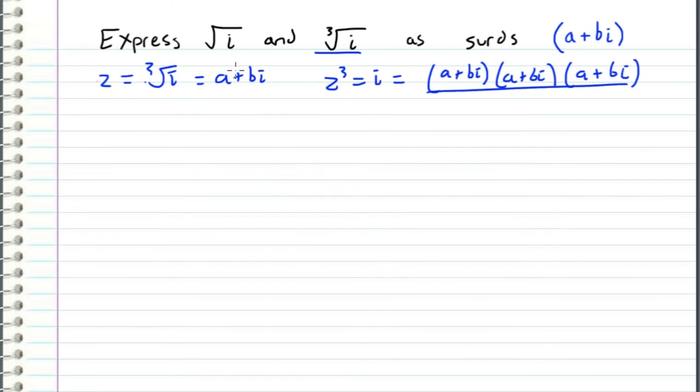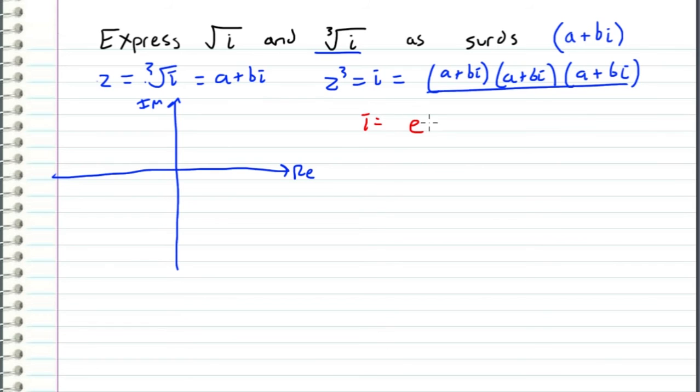So instead, I'm going to make use of what we just learned with the polar form. Let's draw our axes, the real and imaginary. From before, we said that i is equal to e to the i times (pi over 2 plus 2n pi). Now instead of taking the square root, I'm going to take the cube root. So I'm going to throw all this inside these brackets and raise it to an exponent of 1/3 for the cube root.